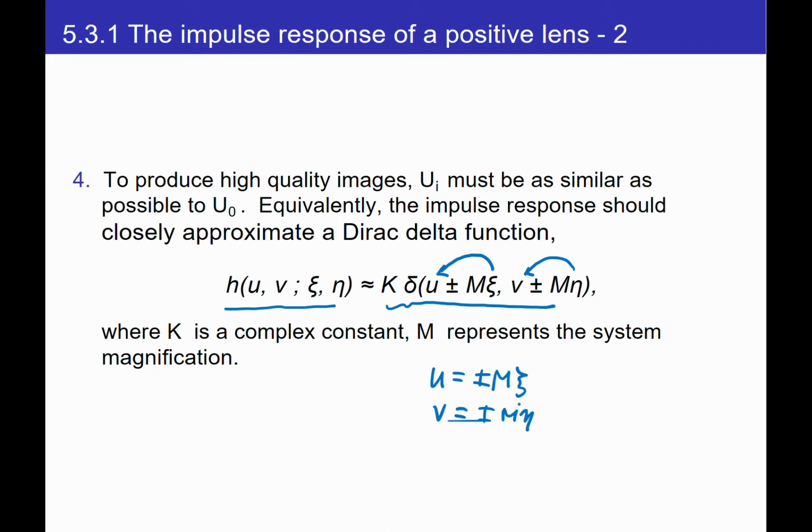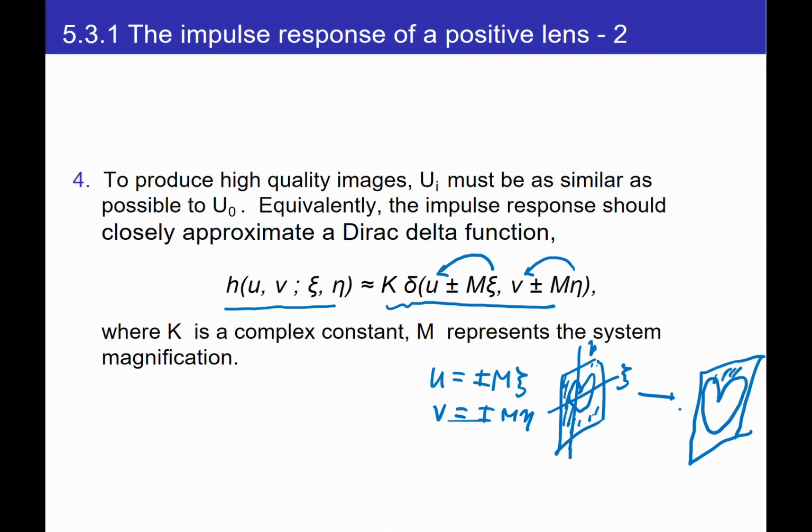So whatever is formed at ξ η is going to be projected into u v. It's linear, and it's just the scale factor. Okay, so that is the geometrical case.